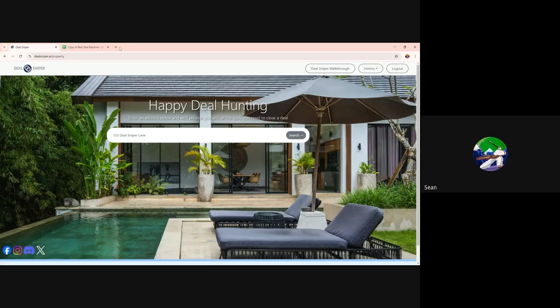There's a couple of things you can do. First, in the Discord, in the top left corner, there'll be a section that says Start Here. One of them is how to navigate Discord. If you know how to navigate Discord, you can skip that one. The next video is how to navigate Deal Sniper, how to actually use it.